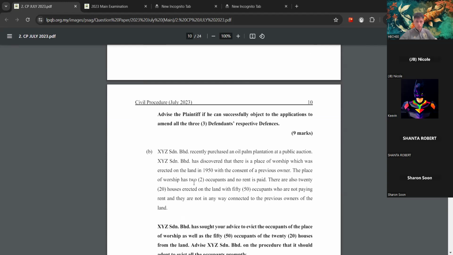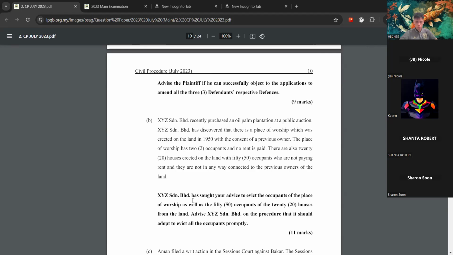Then there are also 20 houses erected on the land with 50 occupants who are not paying rent and are not in any way connected to the previous owners of the land. Now XYZ sought your advice to evict the occupants of the place of worship as well as the 50 occupants of the 20 houses from the land. What are the procedures?